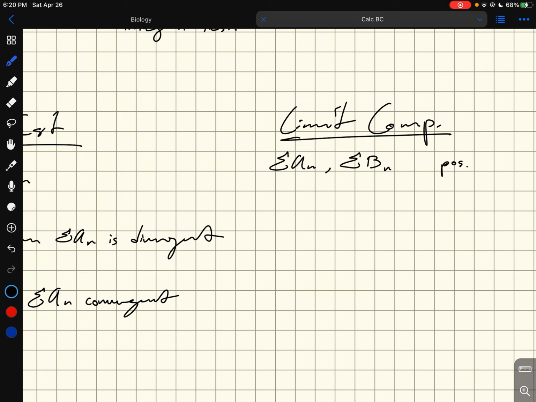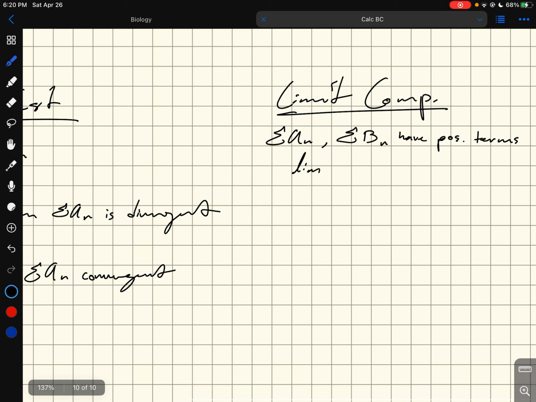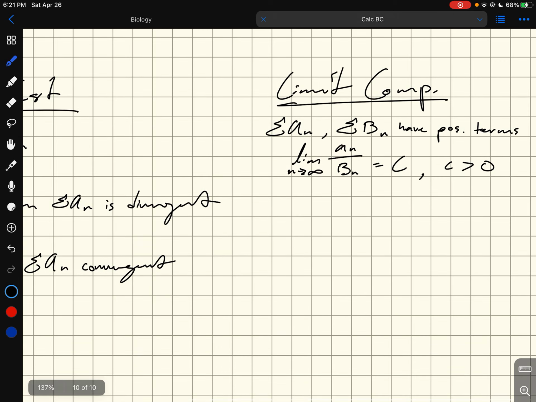So essentially what this test says is, you're going to put them on top of each other, and if the limit approaches some number c and this c is bigger than 0, then both converge or both diverge. Whichever one is, the other will be as well, as long as this limit approaches a number that is bigger than 0.